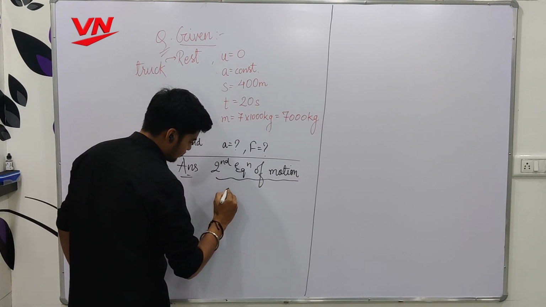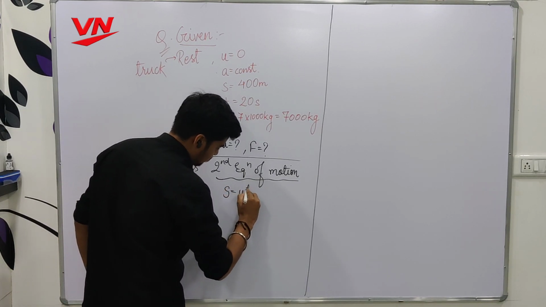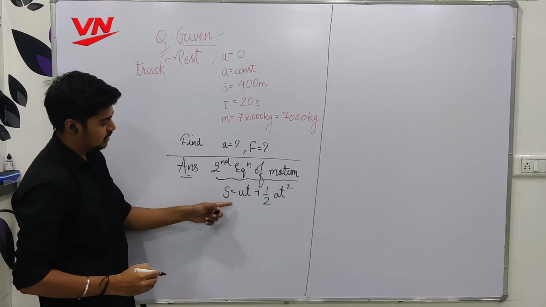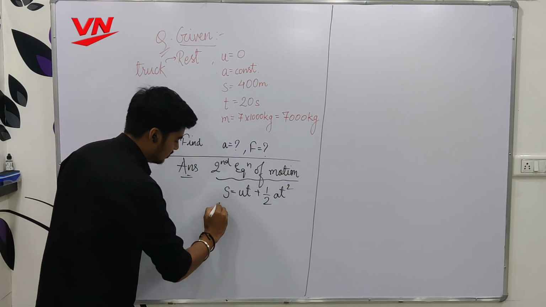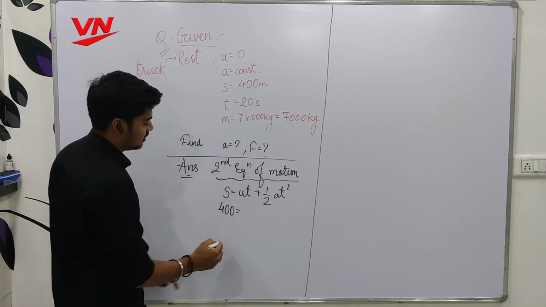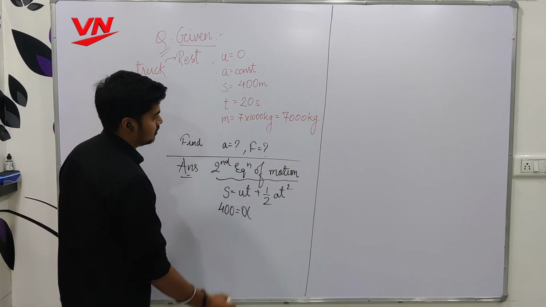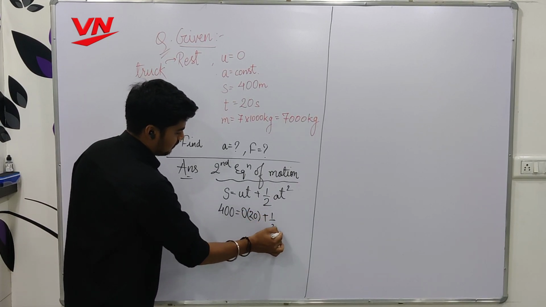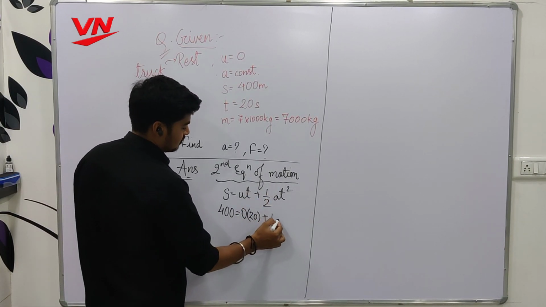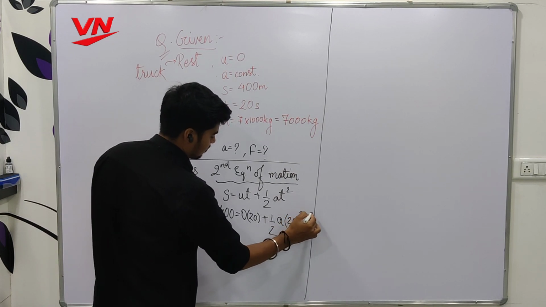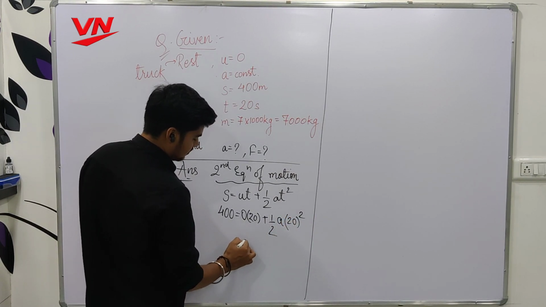It says s equals ut plus half at square. Okay, s, the displacement or distance, is 400 meters, initial velocity is 0, time is 20 seconds, plus half, acceleration we need to calculate, and time again 20 square. That first term will be 0.